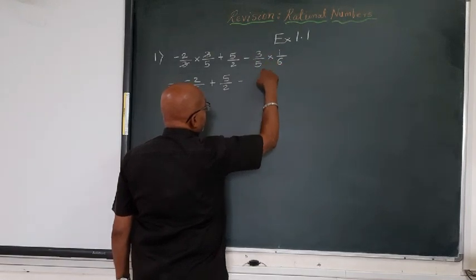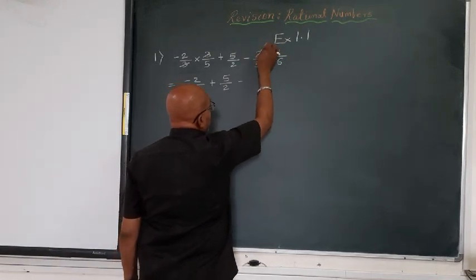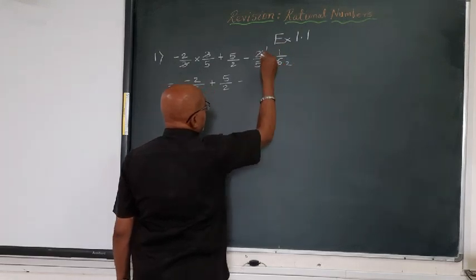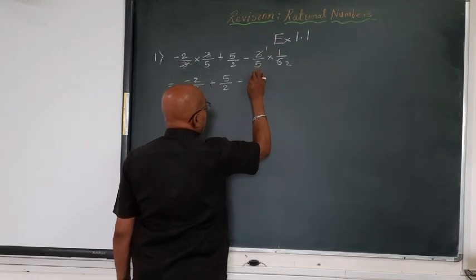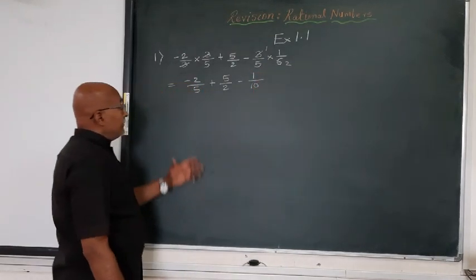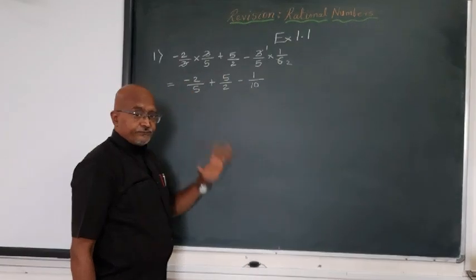For multiplication we will multiply here, again you can cut down this. So what we get, 1 into 1 is 1, 5 2s are 10. Now we have got 3 terms.